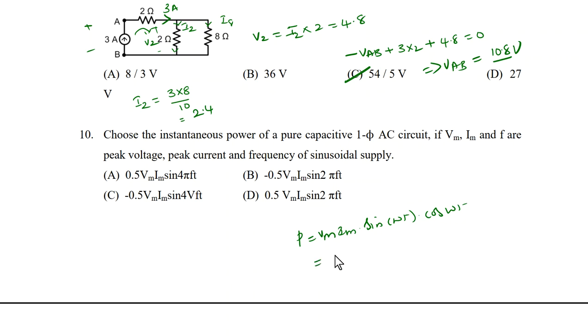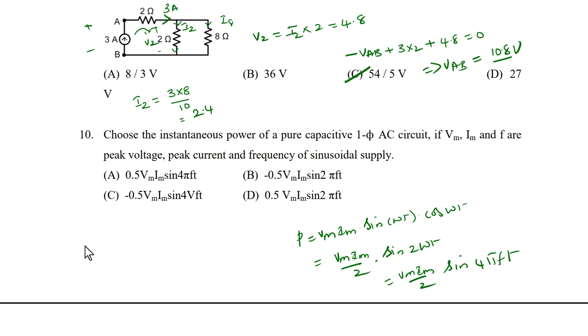Now if you simplify this, Vm Im by 2 into sine 2 omega t. So omega is nothing but 2 pi f. We substitute here Vm Im by 2 into sine 4 pi f t.